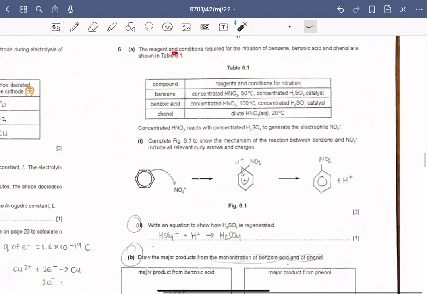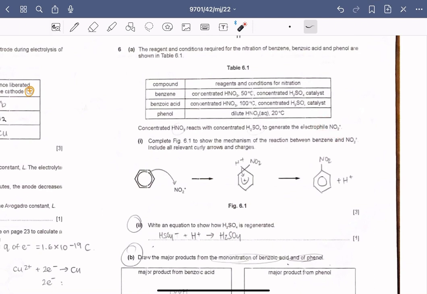So 6a, the reagents and conditions required for the nitration of benzene, benzoic acid, and phenol are shown in table 6.1. Compound benzene, benzoic acid, phenol, and reagents and conditions for nitration. Concentrated HNO3 reacted with concentrated H2SO4 to generate electrophile NO2+.